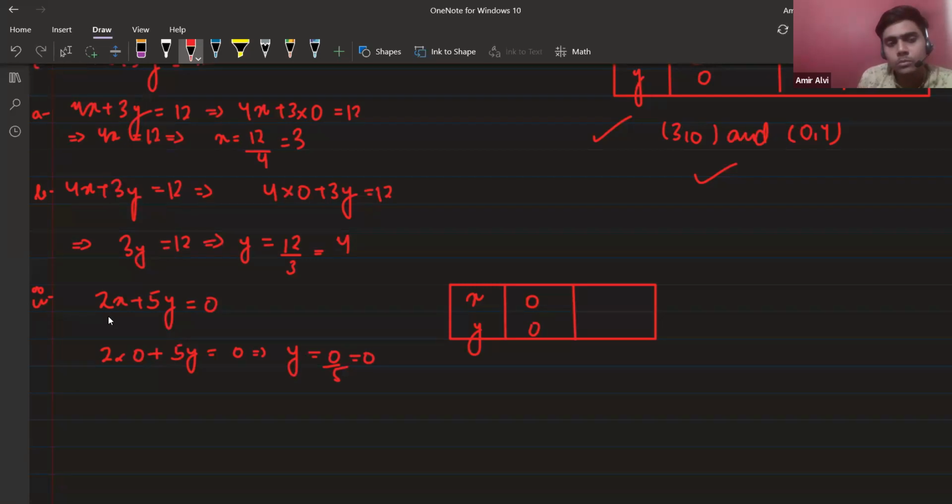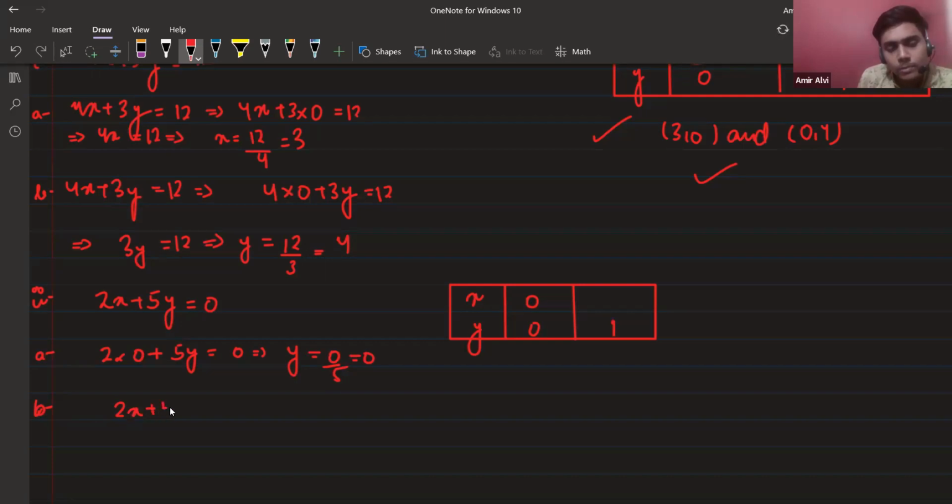Put y equals to 1, and you will get, in this, this is the a part, this is the b part.